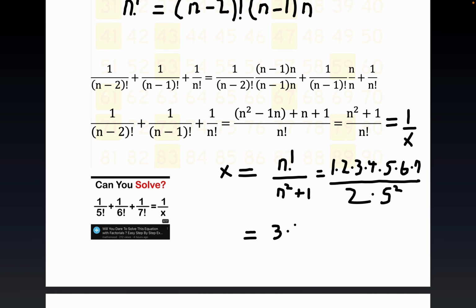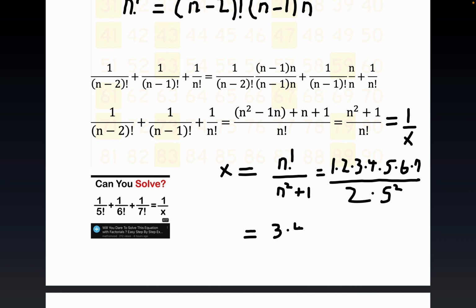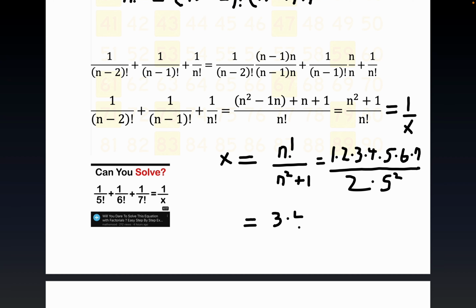This 2 cancels with this 2, then we have 3 times 4. One of these 5s is going to go away, so you're going to have 6 times 7, all over 5.